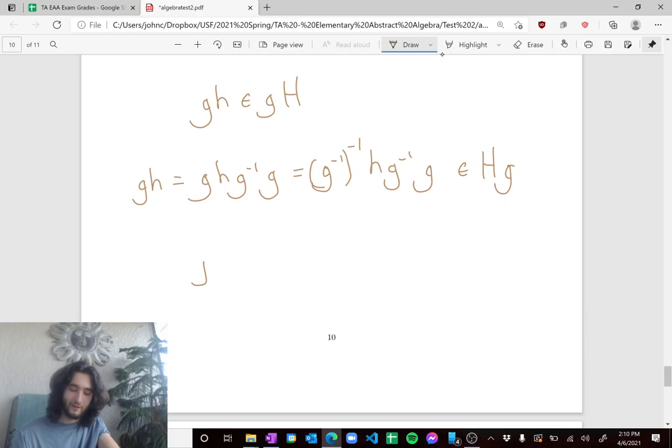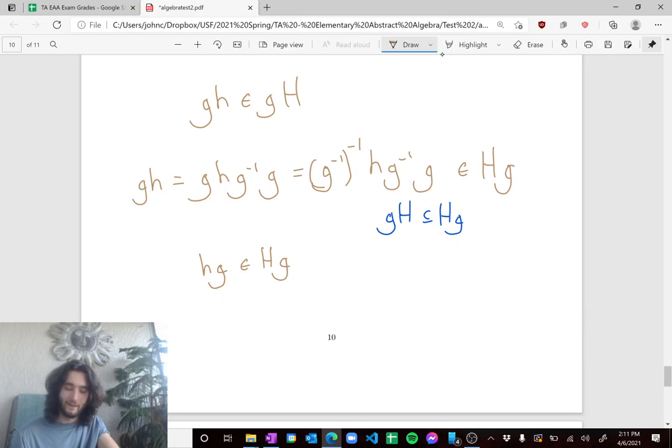You don't have to do that weird inverse thing. You start with Hg like this, and then you say, well, look, maybe I should be more clear. So this part means that gH is a subset of Hg.